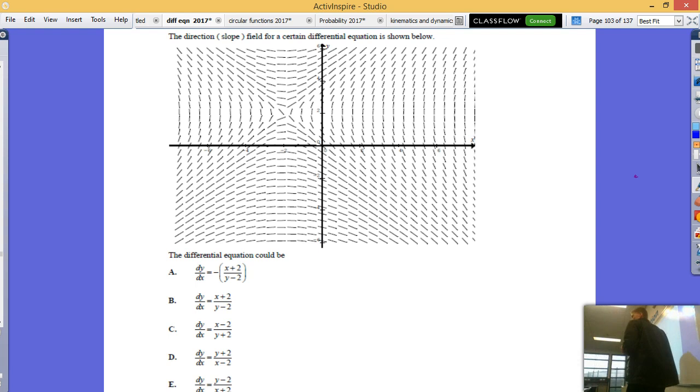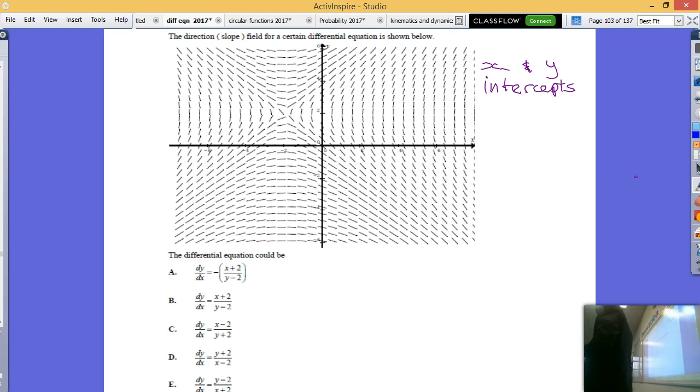What you have to look for are some key things to interpret from this graph. Axes intercepts, X and Y intercepts. So you've got to think about what's happening to the gradient at the intercepts as well as quadrants. So that's one thing.